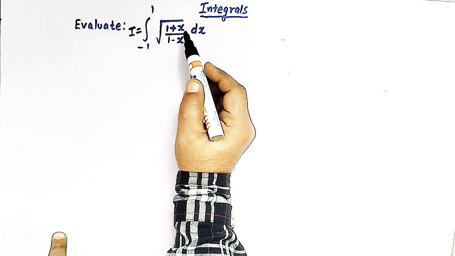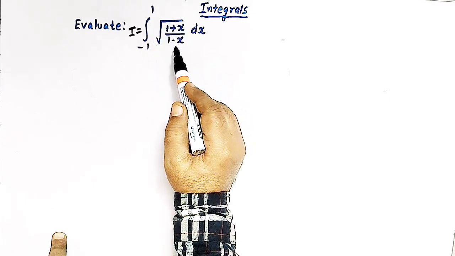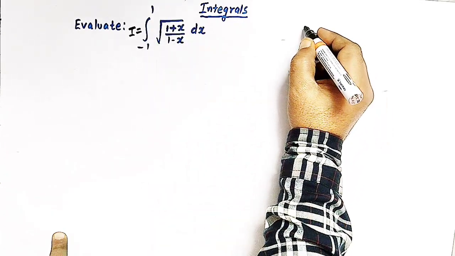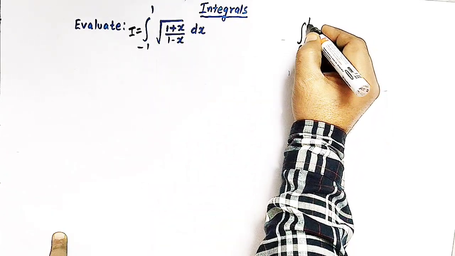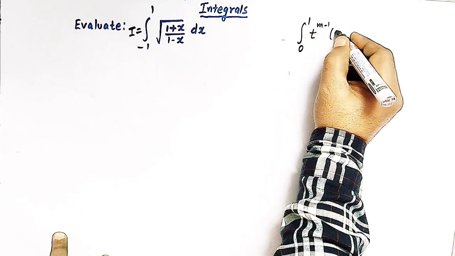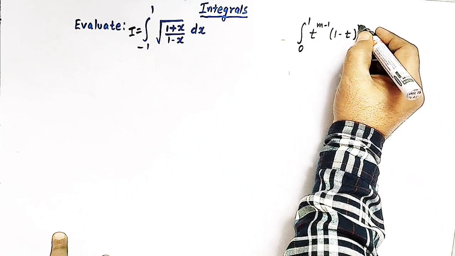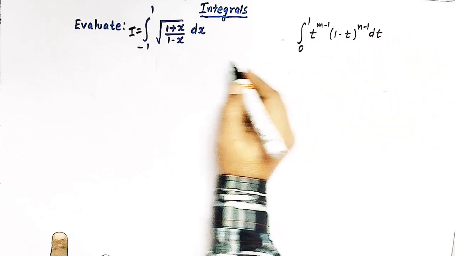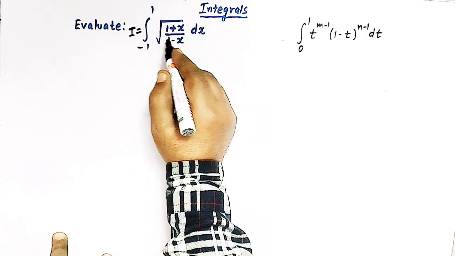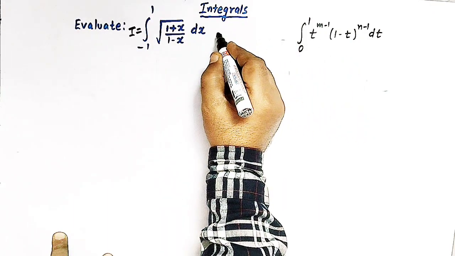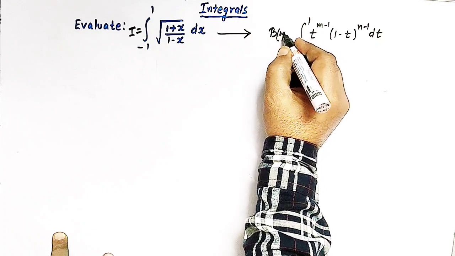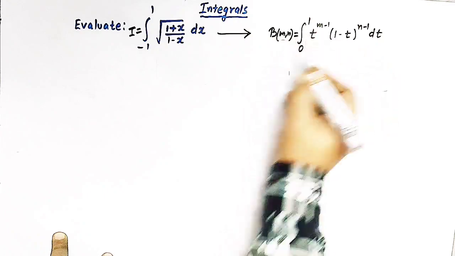So here by making a very useful substitution, we'll try to convert this integral into this form, that is 0 to 1, and we have say t raised to m minus 1 and 1 minus t raised to n minus 1 dt. So we'll make a substitution here, and will then convert this integral into this form, and this integral is known as a beta function, that is beta m comma n, right?